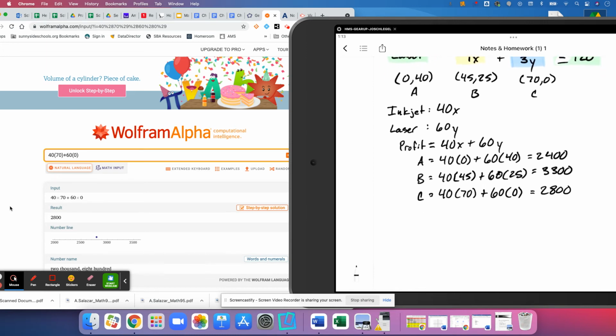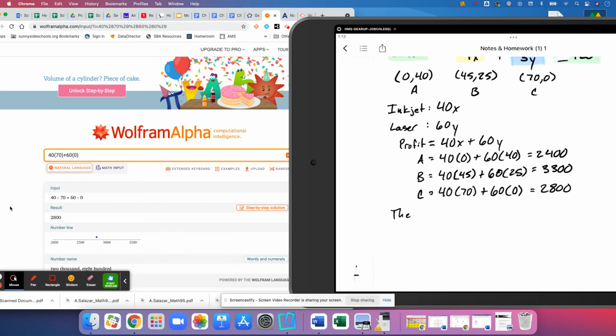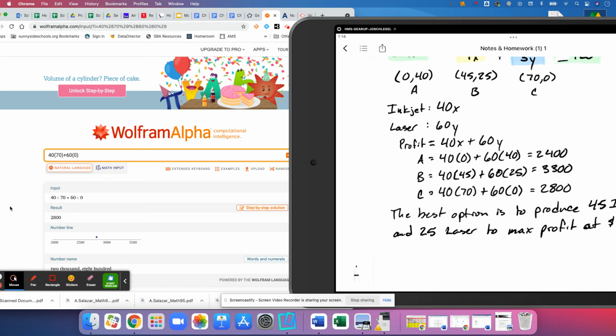So as we can see, everyone, the best option is to produce 45 inkjet and 25 laser to max profit at $3,300.